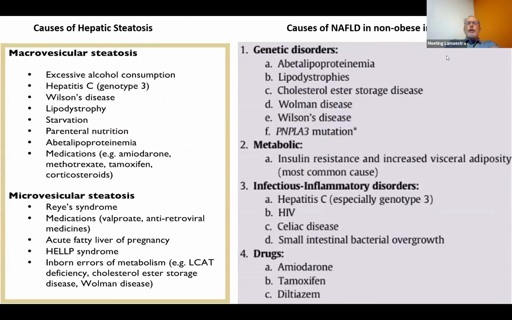Now, when we're talking to cardiologists, you look up in the upper right-hand corner, there's a variety of different lipid disorders that the cardiologists are going to know more about than we will. Beta lipoproteinemia, lipodystrophies, cholesterol ester storage disease, Wolman disease, which is also called LAL-D, lysosomal acid lipase deficiency, which we test for in our clinic occasionally, Wilson disease, and then we talk about these different genetic changes, of which PNPLA3 is the most common.